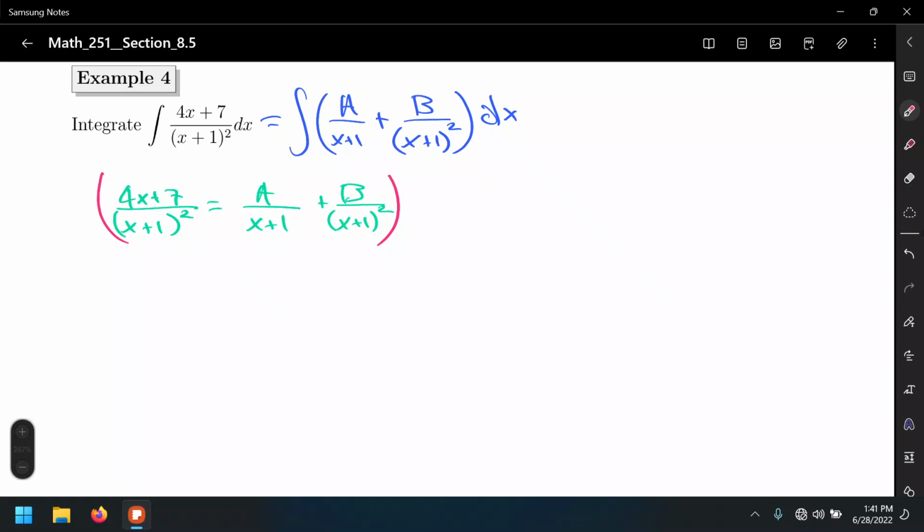X plus 1 squared. So of course x plus 1 works, but we need to have a power that is powerful enough to divide out all up to the highest power of x plus 1. So when we do this, notice how this cancels, and that's going to leave us with, well, let's distribute.